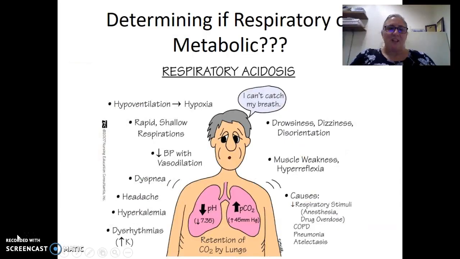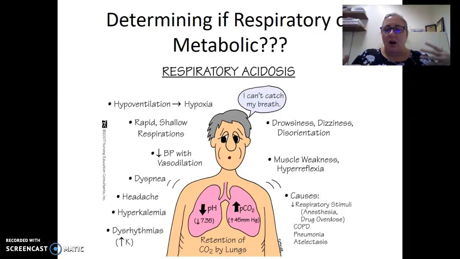All right, so let's look at some figures that show respiratory acidosis and alkalosis versus metabolic acidosis and alkalosis. There are a lot of different symptoms for each. So this is just a cute picture that shows what's going on with respiratory acidosis. Your pH is low because we have a high amount of carbon dioxide that's being left in our system.